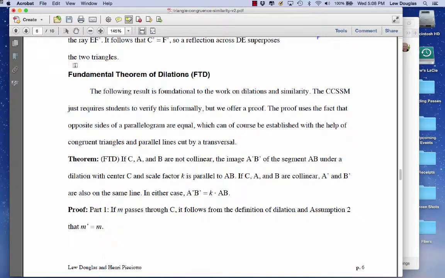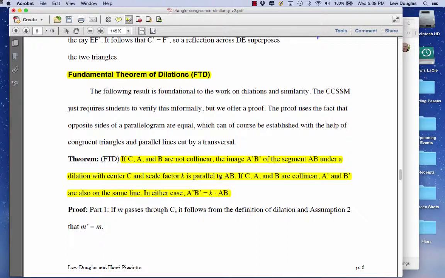And the fundamental theorem of dilations says the following: if you have three non-collinear points, where C is the center of dilation, then the image of a segment under a dilation with scale factor K is parallel to the pre-image.